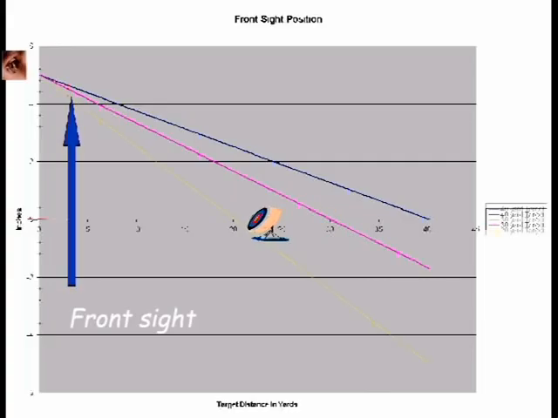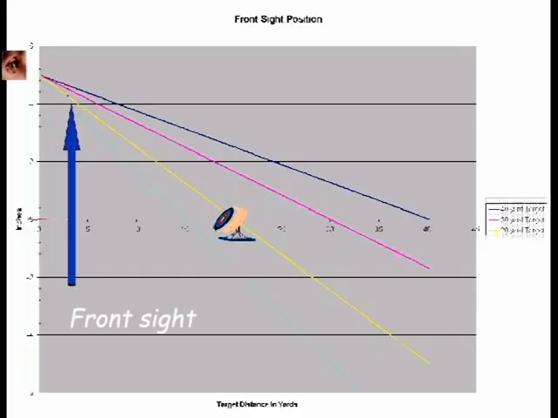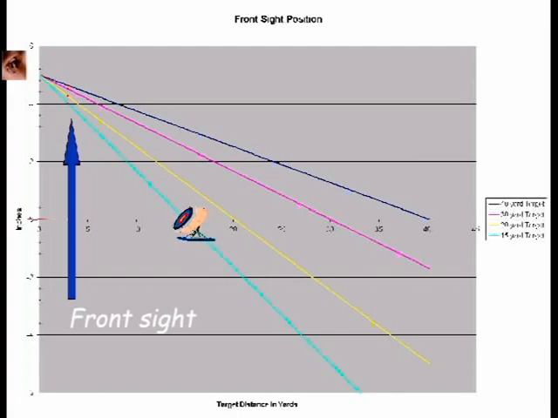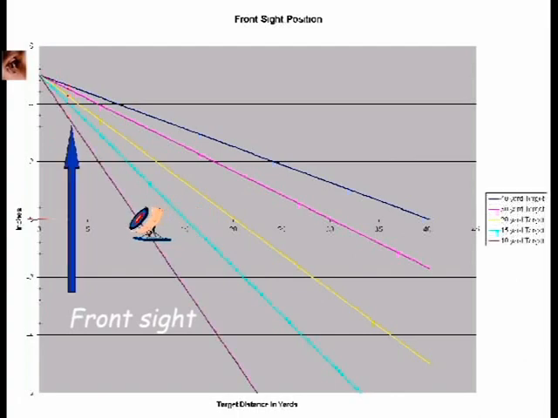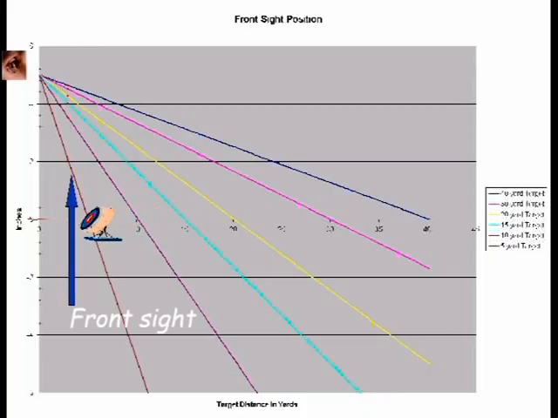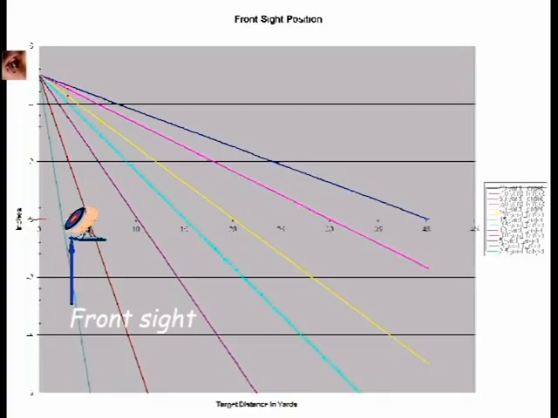As we move to 20 yards, we must move the front sight even lower. As we move the target to distances inside 15 yards, we must lower the front sight significantly. Notice the direction we must move the front sight. It's opposite the direction we move it to compensate for gravity.